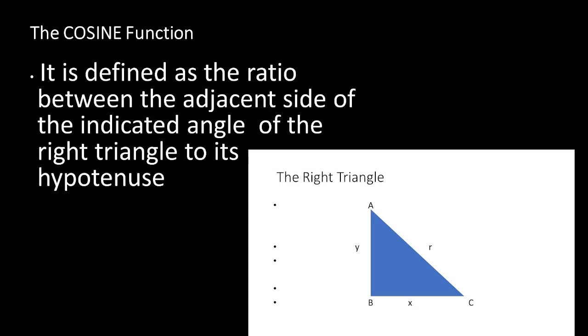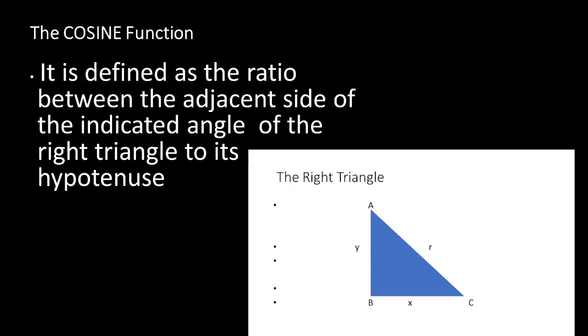So if we are after the cosine of angle A, that would be the ratio of the adjacent side to the hypotenuse, so Y divided by R. And the cosine of the acute angle C would be the ratio of X, since this is the adjacent side, over the hypotenuse R. So that is the cosine function.